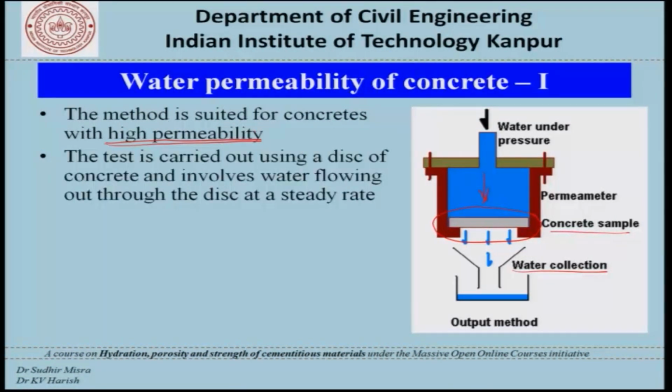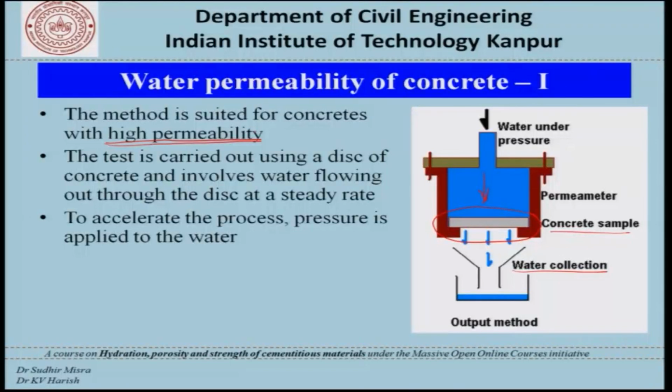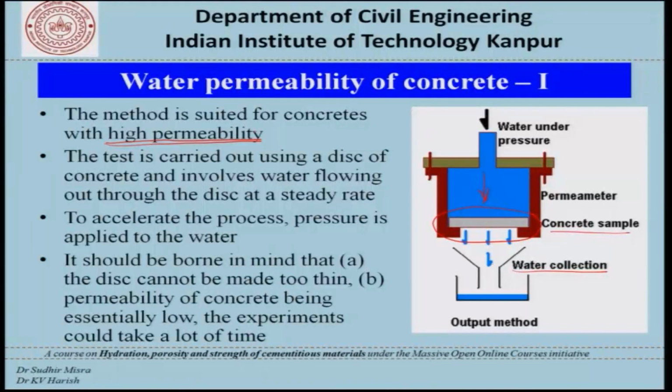The test is carried out using a disc of concrete and involves water flowing through the disc at a steady rate. To accelerate the process, pressure is applied to the water, and it should be borne in mind that the disc cannot be made too thin, and the permeability of concrete being essentially low, the experiments could take a long time. The disc thickness is obviously a parameter and has to be determined in light of the pressure being used.